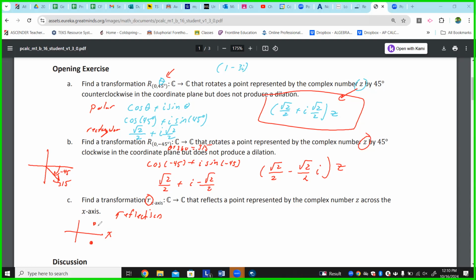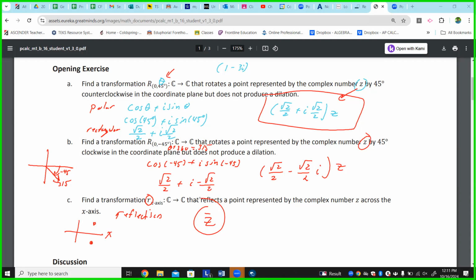The conjugate itself. We learned that a reflection across the x-axis will just be the conjugate itself. So you don't have to do any multiplication. We just have to take whatever the z is, find its conjugate, and then regraph it, and we have the reflection. So even though it's not asking what the conjugate is, and it's asking what the reflection over the x-axis is, that is the same thing because we learned that the conjugate is just a reflection across the x-axis.